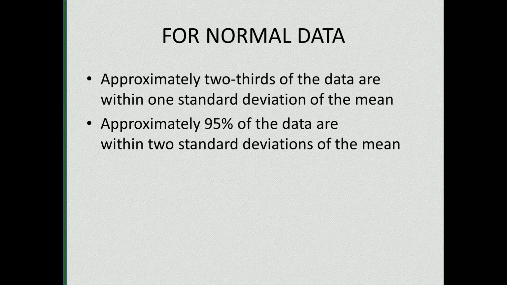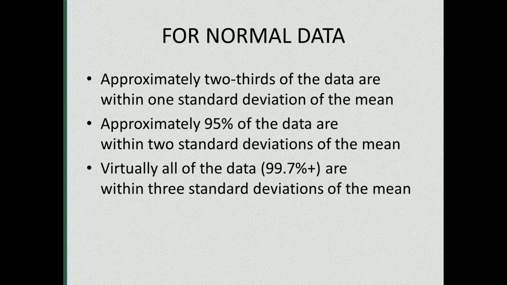And wait, there's more. Go out 3 standard deviations and you've got virtually everything. These 3 benchmarks are things that we will in time just come to know. 1 standard deviation, about 2/3 of the data. 2 standard deviations, about 95% of the data. 3 standard deviations, virtually all the data.